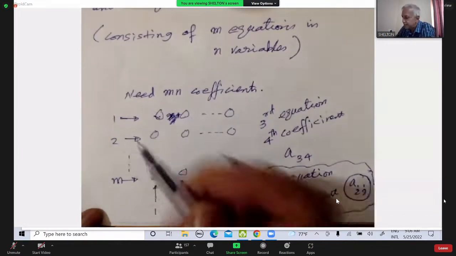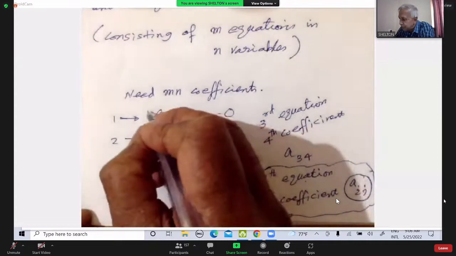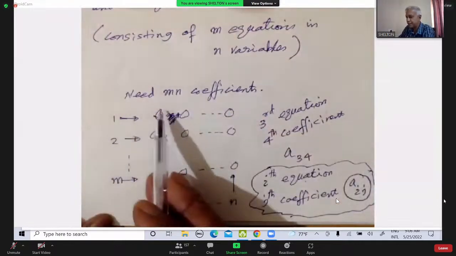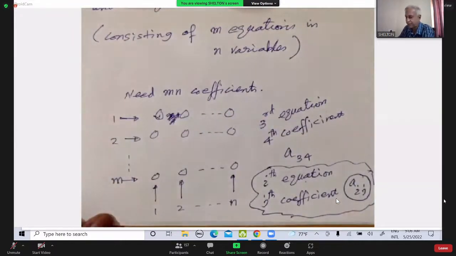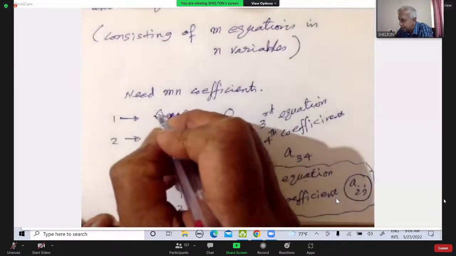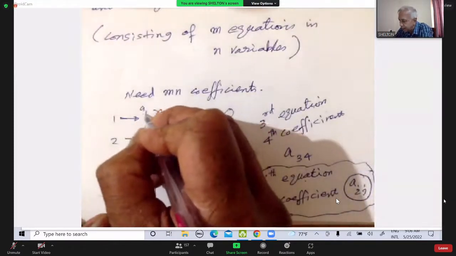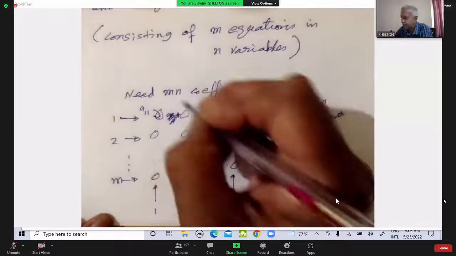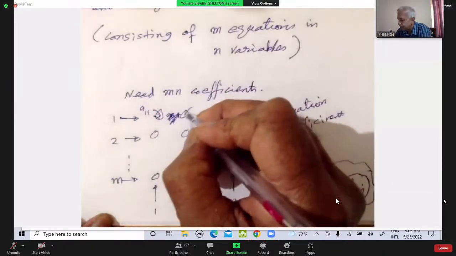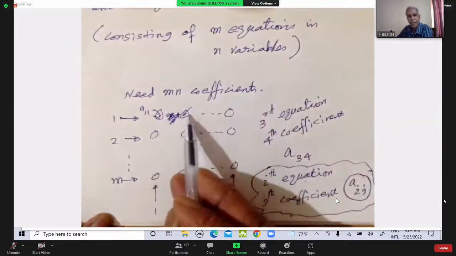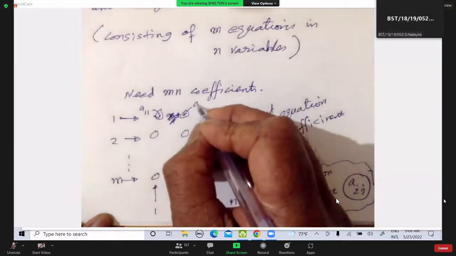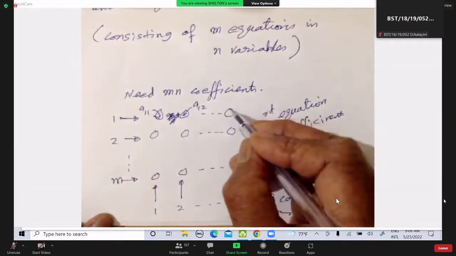What is this coefficient? First equation, first coefficient, that will look like A11. What is this one? A12. What is this one?